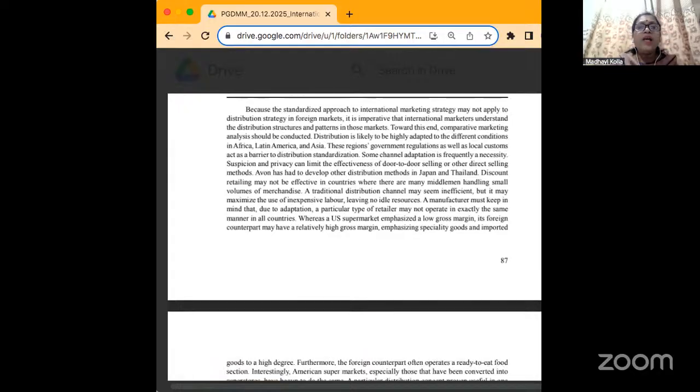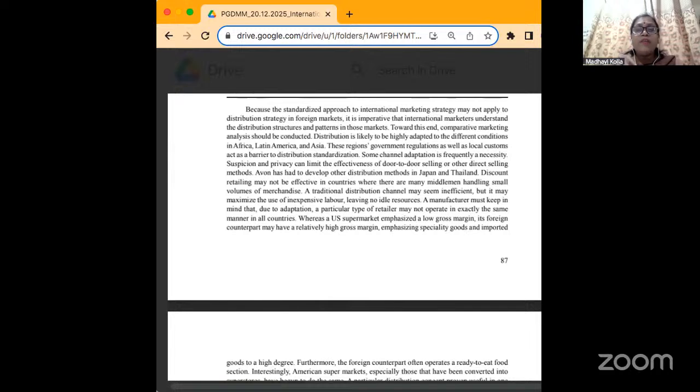So it is very specific, not only to the company and the home nation, but also the host nation: what are the rules and regulations there, what trade barriers have to be considered, what legal restrictions apply, what the cultural diversities are, and what the homogeneity and heterogeneity of that group of end users is. So there are multiple considerations that have to be taken into account.